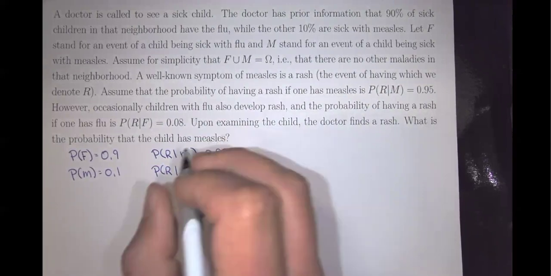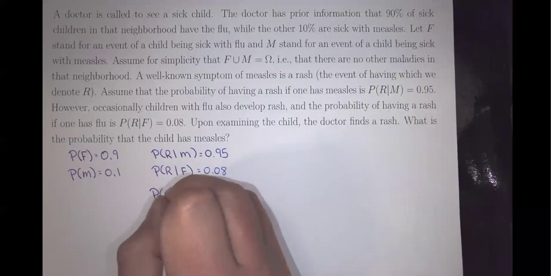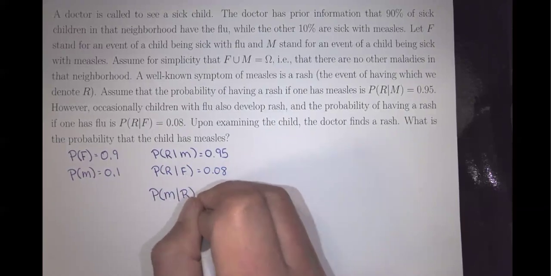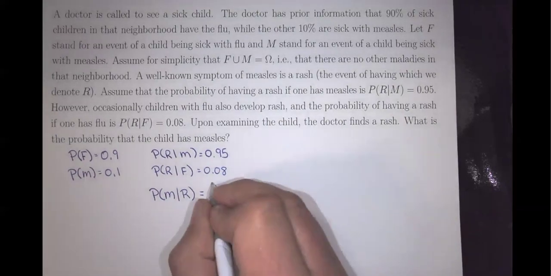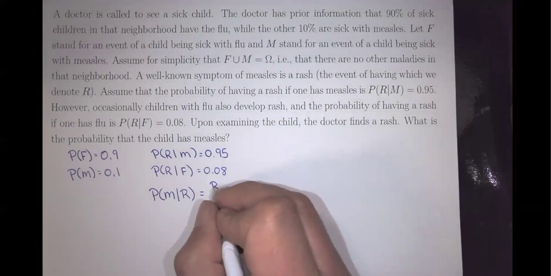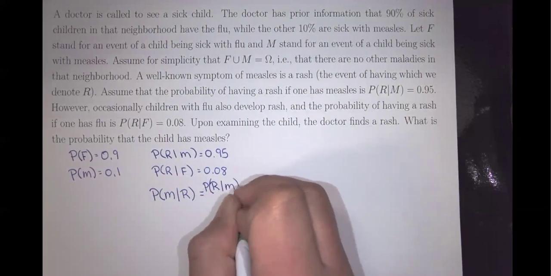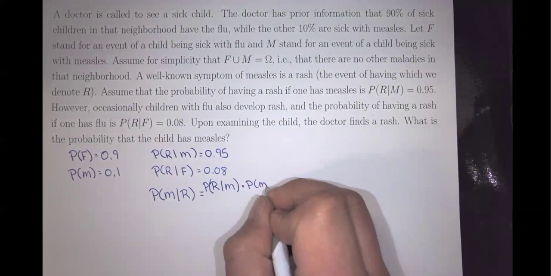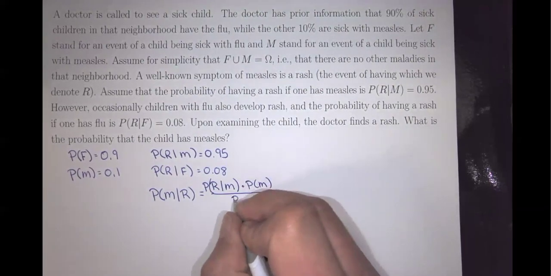We're looking for the probability of measles given that the child that we're examining has a rash. So by Bayes' theorem, this is equal to the probability of rash given measles times the probability of measles over the probability of rash.